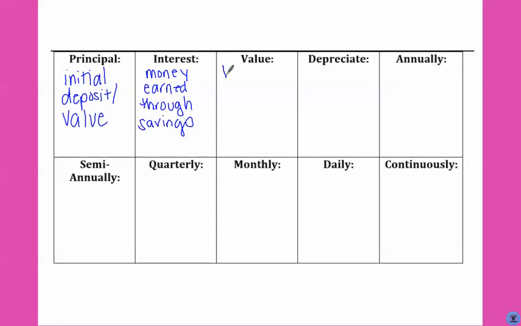Value is how much an item is worth, like a house, a car, jewelry. Depreciate means when something goes down in value.